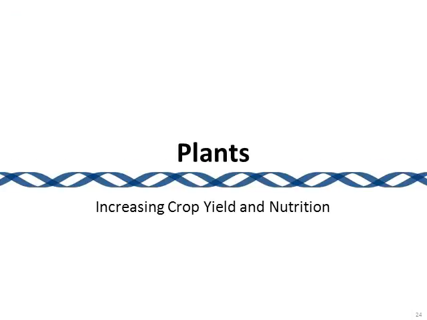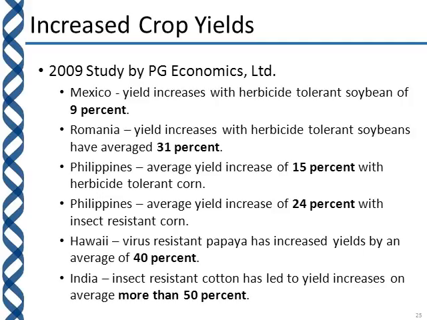So how can genetic modifications increase crop yields and nutrition? A 2009 study by EG Economics Limited found that in Mexico, yields increase with herbicide-tolerant soybeans by 9%.